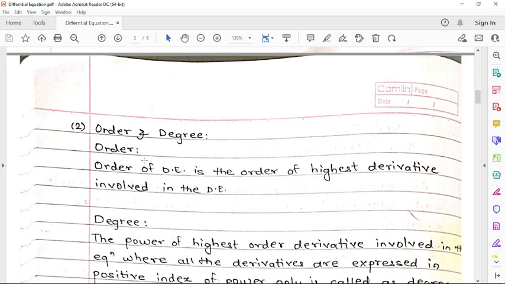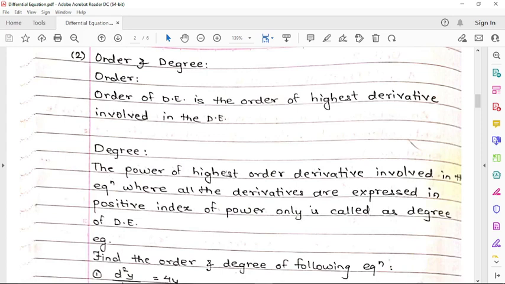So the order of a differential equation is the order of the highest derivative involved in the equation, right? So we have to look at the highest derivative, and the order of that highest derivative is the order of the differential equation, right?